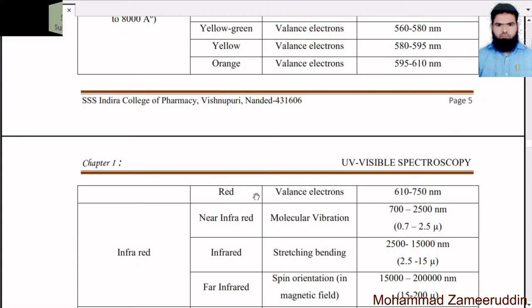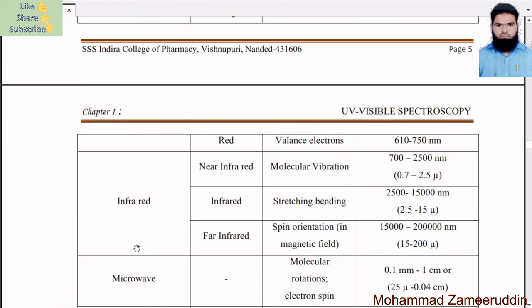Now after red comes infrared. Infra means away, or after, so after the red. Visible light ends at the red color, and what comes after is called infrared.